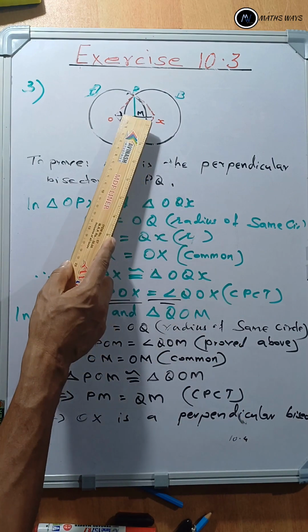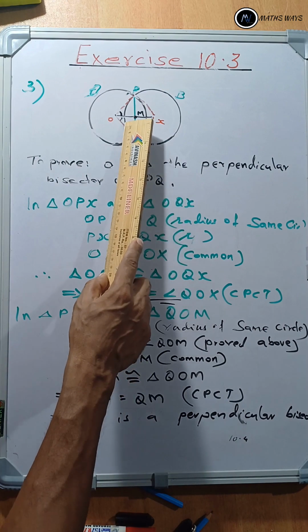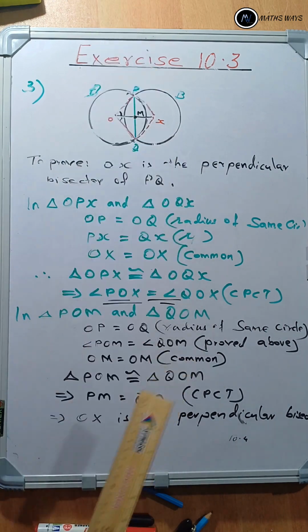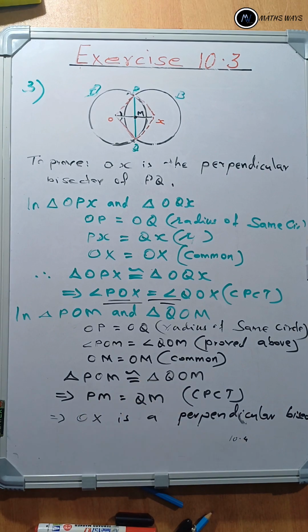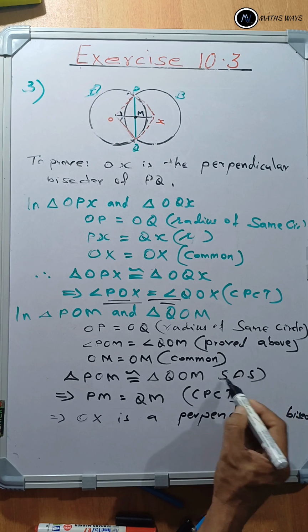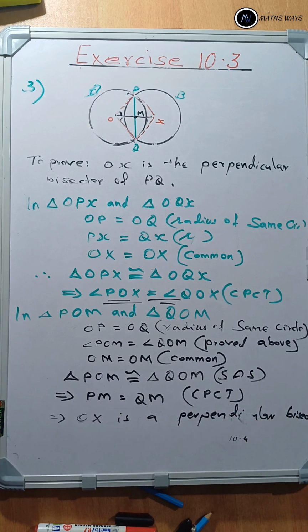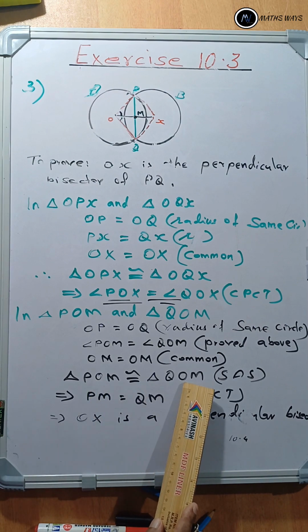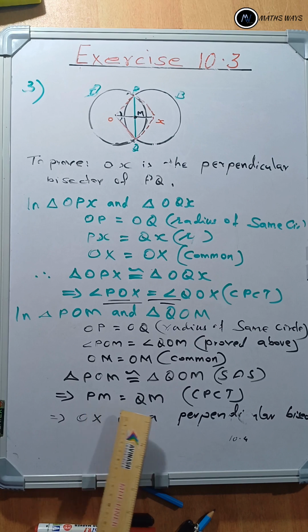Then OM is equal to OM. So these two triangles are congruent. By which congruence rule? SAS: two sides and the included angle are equal. So we can say PM is equal to QM.